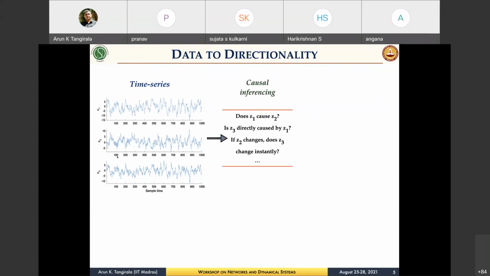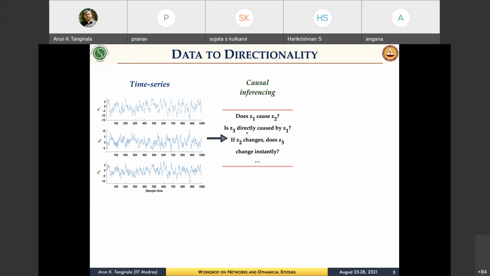So if you assume Z1, Z2, Z3 here, as given here, this data is given to you, then some of the burning questions that arise are, does Z1 cause Z2? Is Z3 directly caused by Z1? If Z2 changes, does Z3 change instantly?